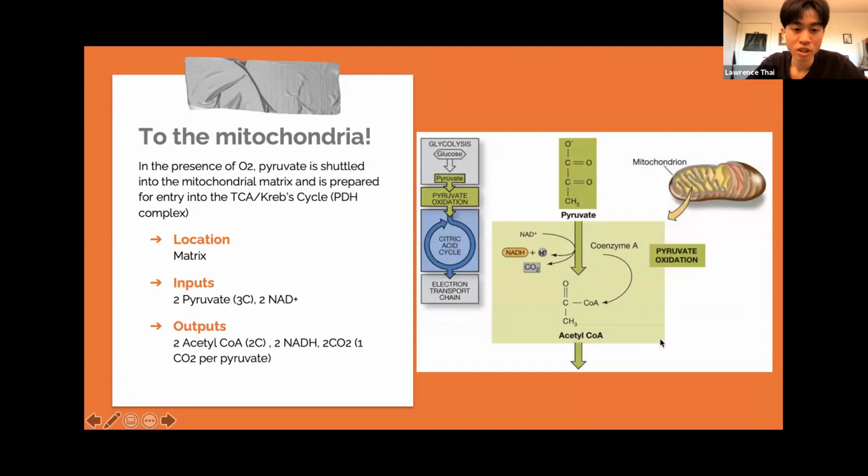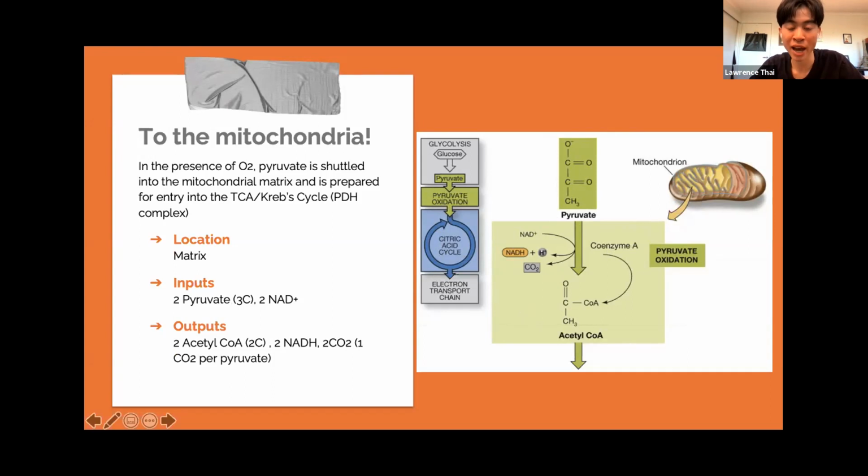Okay, so the next step is pyruvate oxidation. This is the start of the oxidative phosphorylation steps. Before we can enter the Krebs cycle or the citric acid cycle, if there's oxygen, the mitochondria will shuttle the pyruvate into the matrix, the liquid part inside.